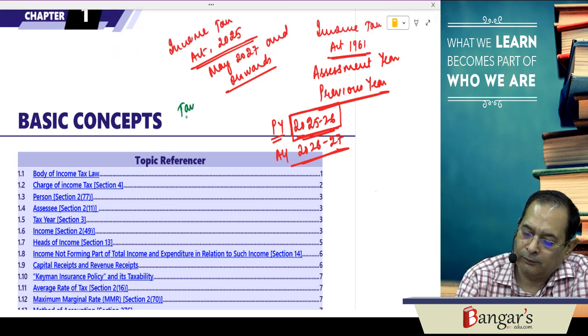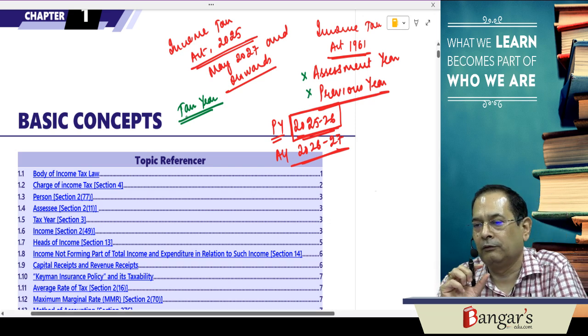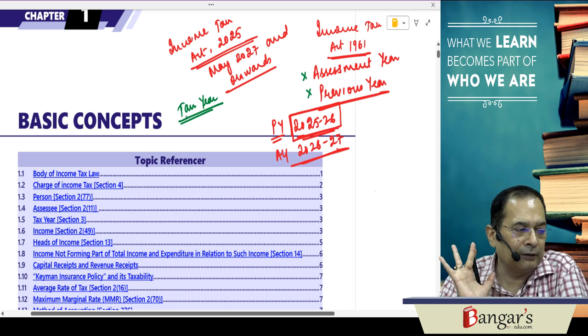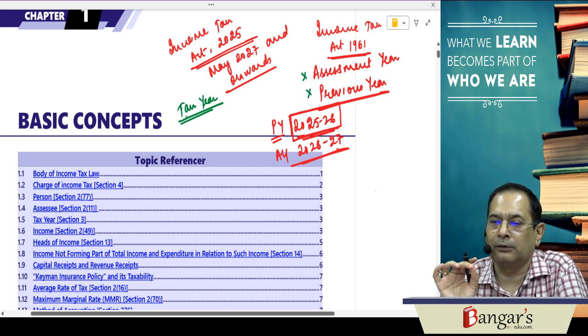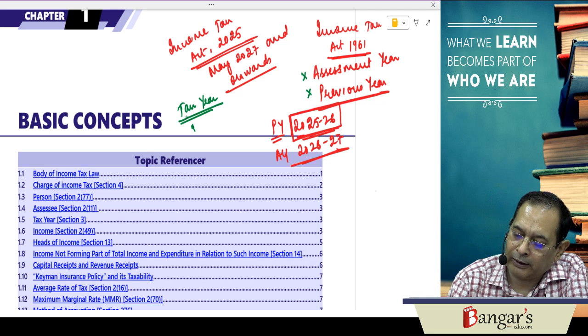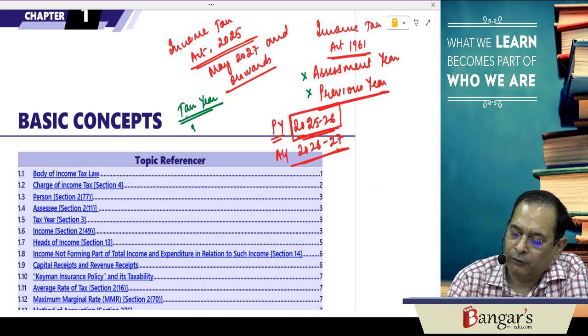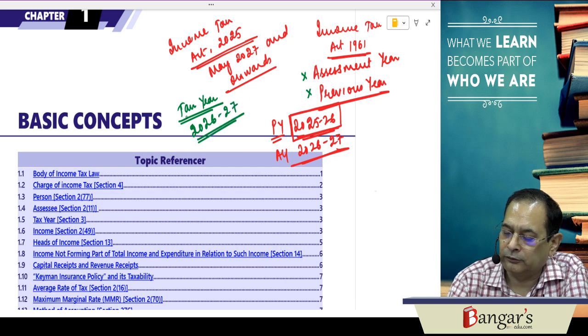Tax year. Now we will not be finding the term assessment year and previous year. Instead, we will be finding the term tax year. There is a major change. Say, this Income Tax Act 2025 will be applicable from tax year 2026-27 and onwards.